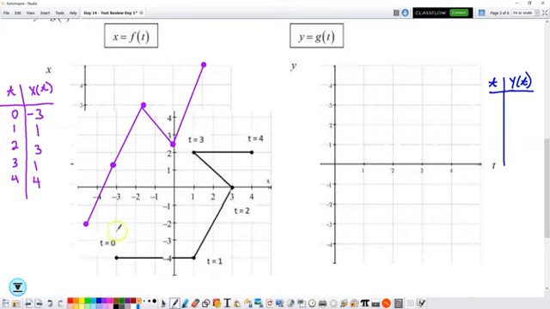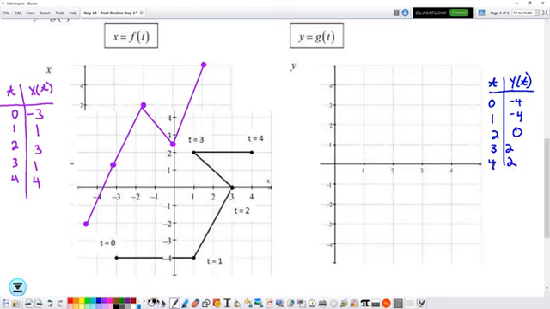All right, so here we go. I'm looking at the Y values, and I notice that 0 and 1 both have a Y value of -4. Kind of boring. And then 2 has a Y value of 0. 3 has a Y value of 2. And 4 also has a Y value of 2.